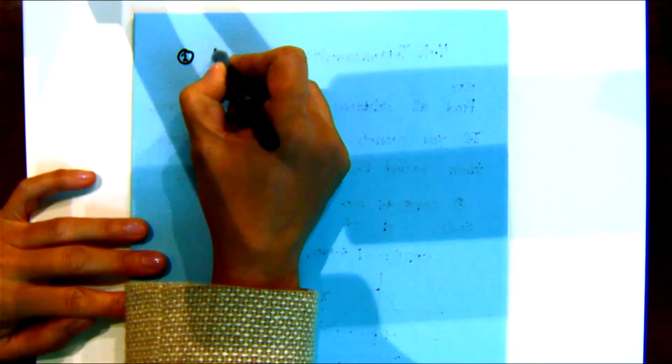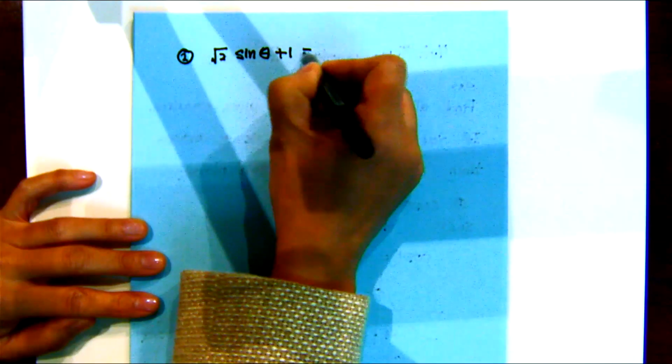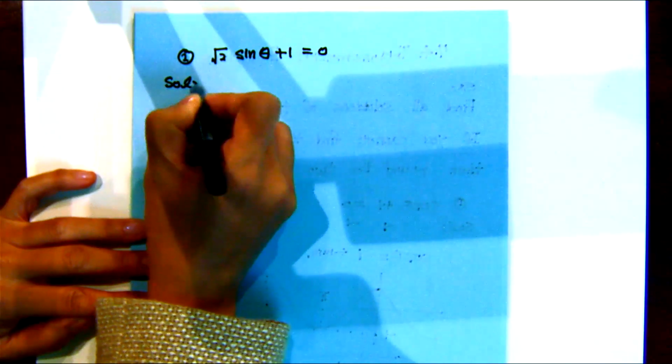Second problem is square root of 2 sine of theta plus 1 equals 0. So the first step is to solve for the trigonometric function.